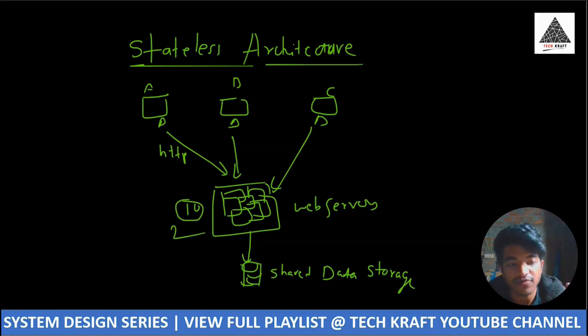But in stateful architecture, it's not that easy to add or remove a server, because that server stores the session files about the user, so authentication will fail. In stateless architecture there is no problem of authentication failure because the data is stored in the shared data storage, where the web servers just help to route the HTTP request to the shared data storage.